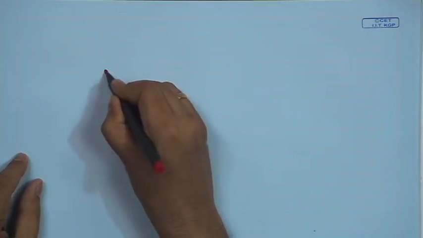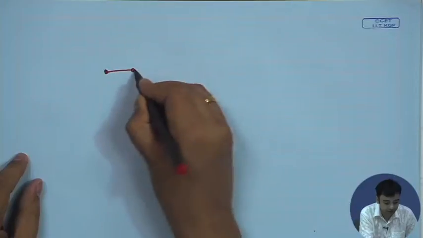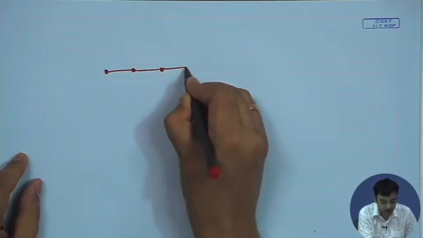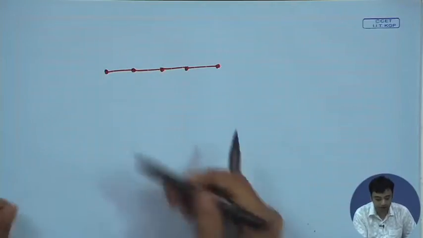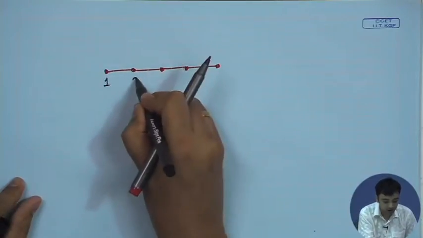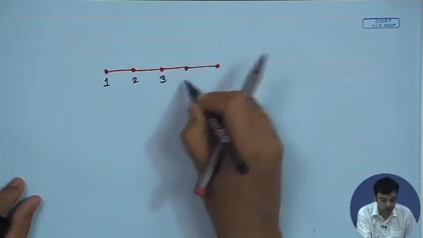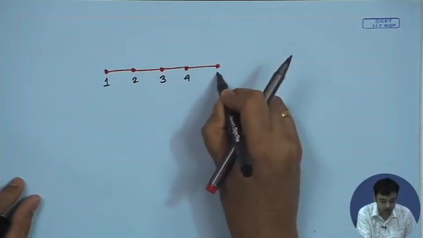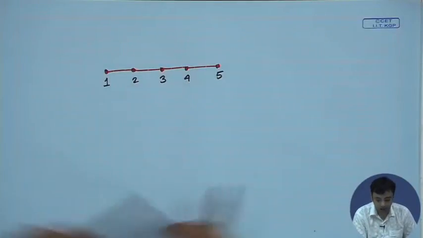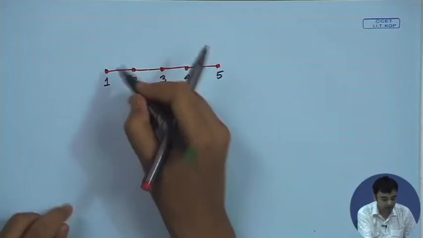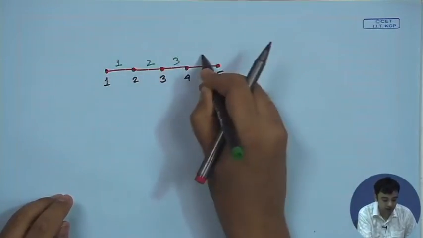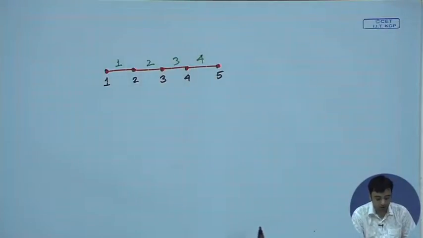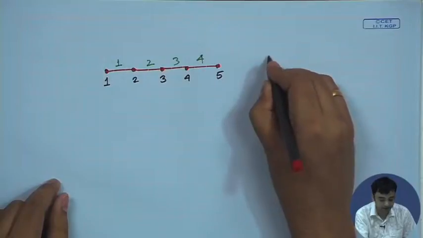Let us say we have this graph. This is basically a line graph of 5 nodes, 1, 2, 3, 4 and 5. Now, the edges can also be numbered. This is edge 1, edge 2, edge 3 and edge 4. Now, as we have defined, the incidence matrix would look like this.